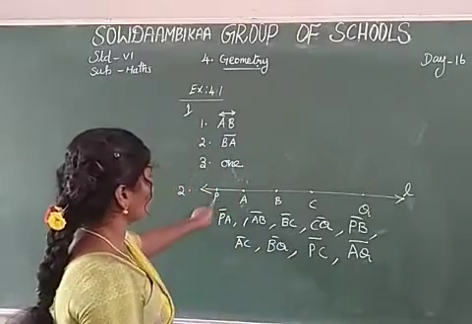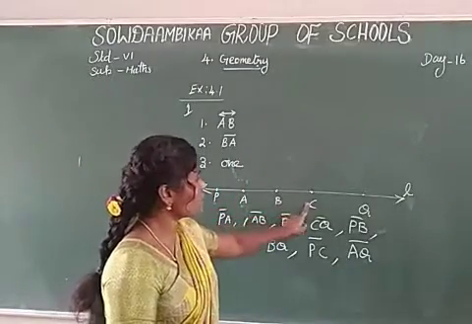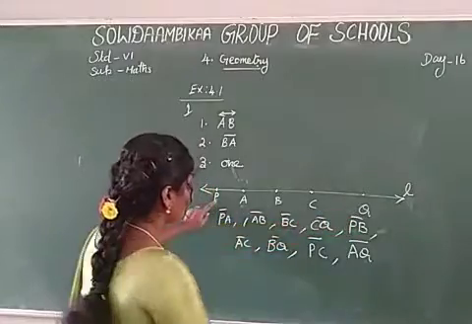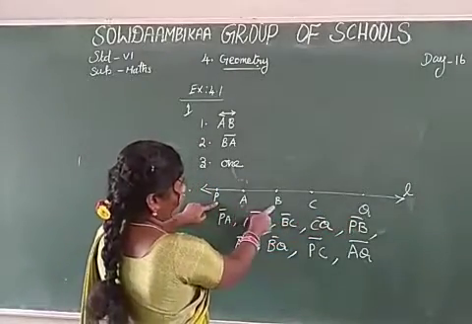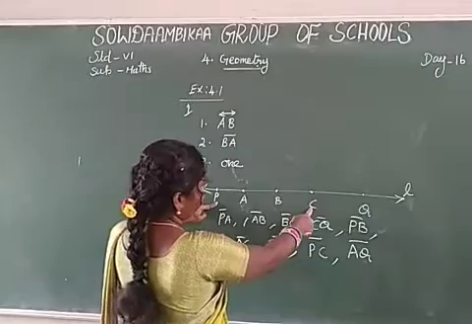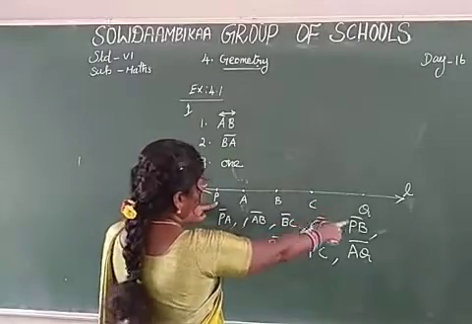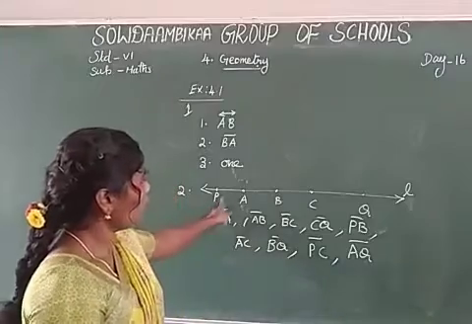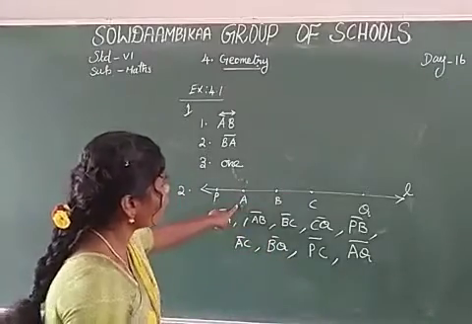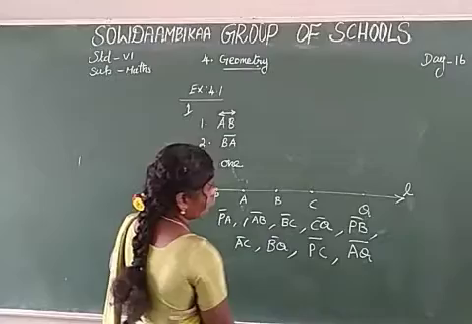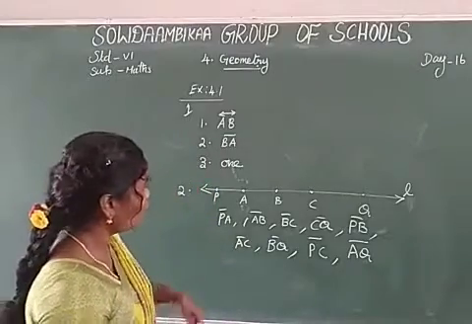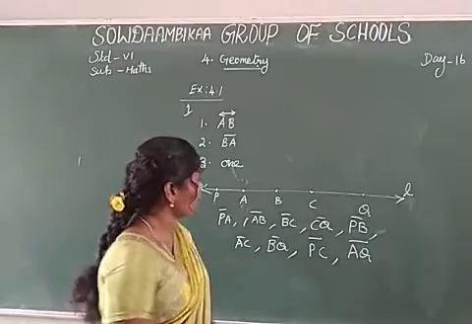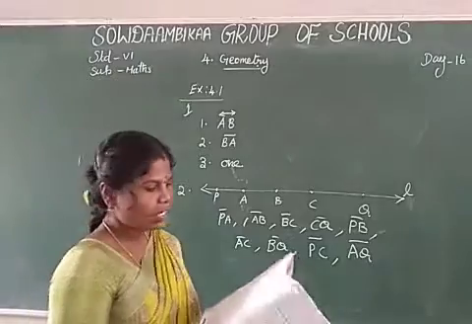What is missing? PA, AB, BC, CQ, then BP, AC, BQ, PC and AQ. I counted nine, but the answer is 10 line segments. What is missing?